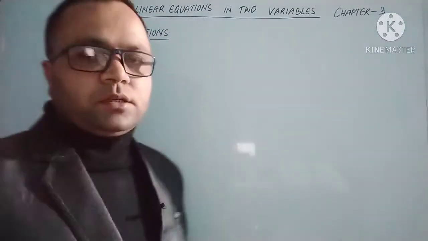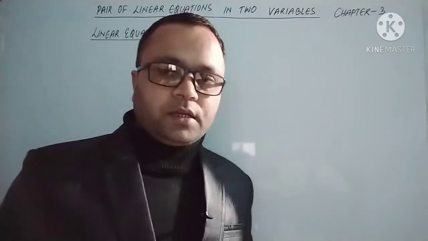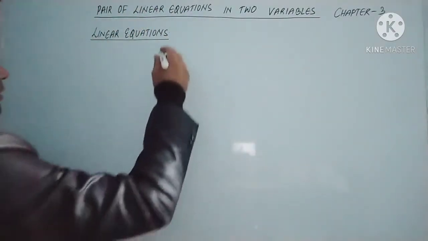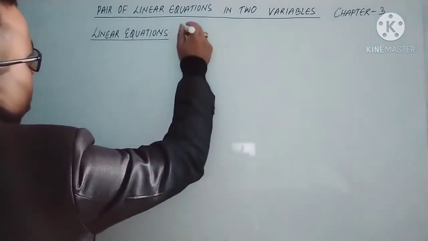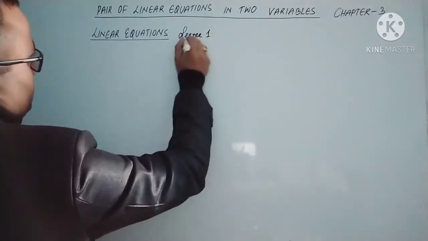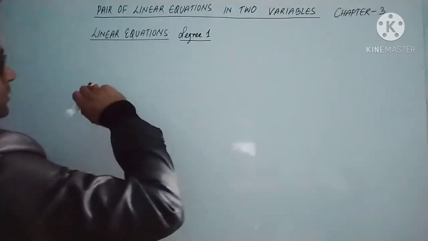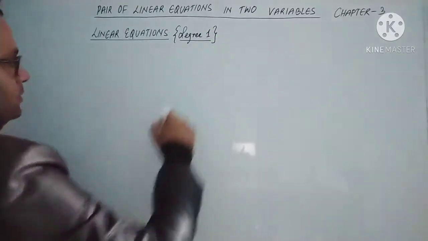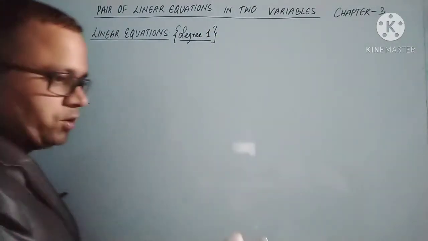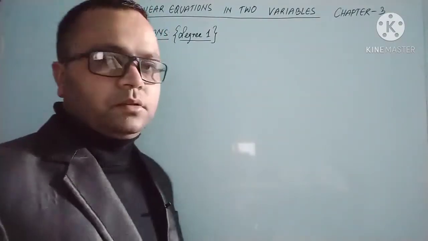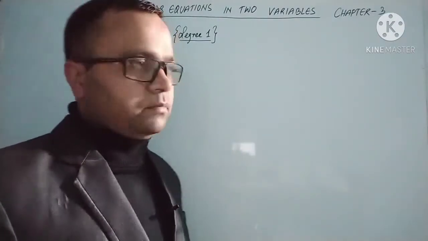A linear equation is an equation in which the degree of the variable is always 1. If the variable degree is 1, then the equation will be a linear equation.